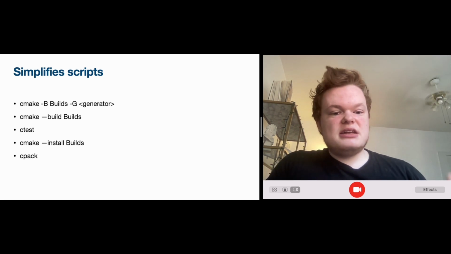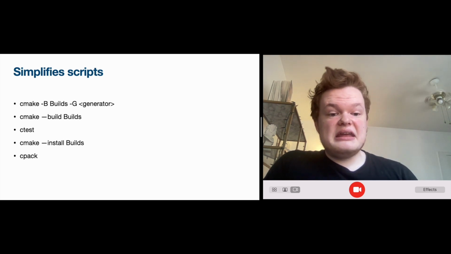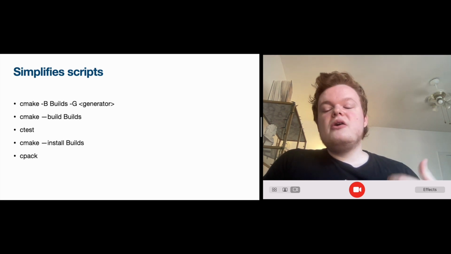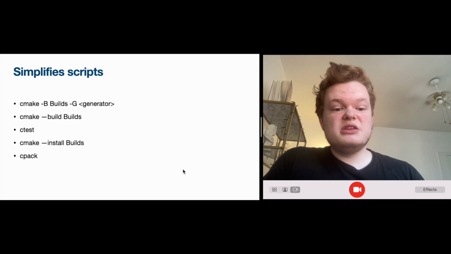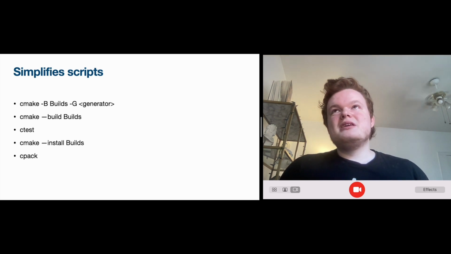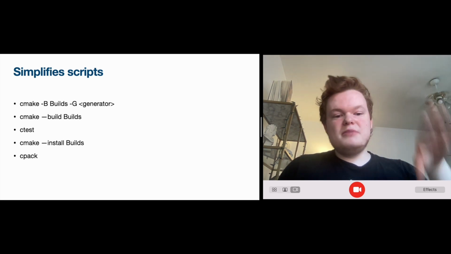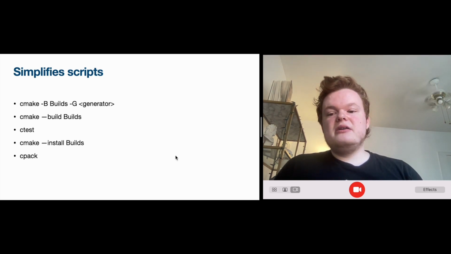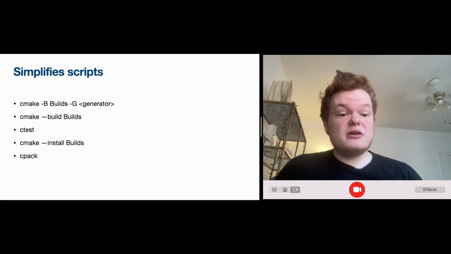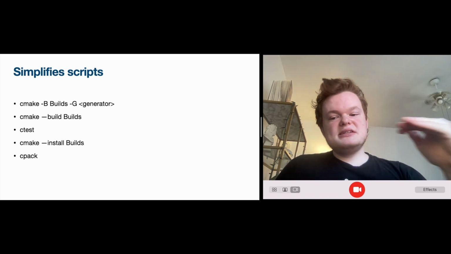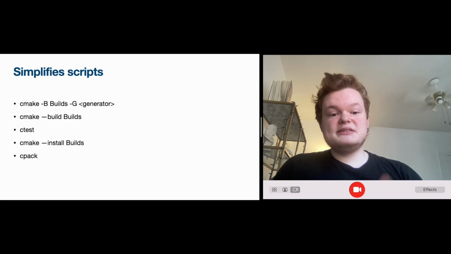And everything after that can just reference those build files that were created and abstract away the entire process of building or installing or anything else that you want to do with those files, which can greatly simplify your scripts, because now instead of having to have one build script for Windows, one build script for Mac, one build script for Linux, you can just have one script that runs CMake with the appropriate generator for your platform, and then calls cmake --build, ctest to run all your tests, and then cpack to create an installer for you.